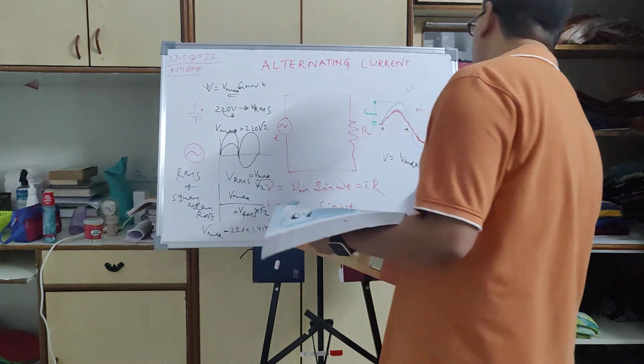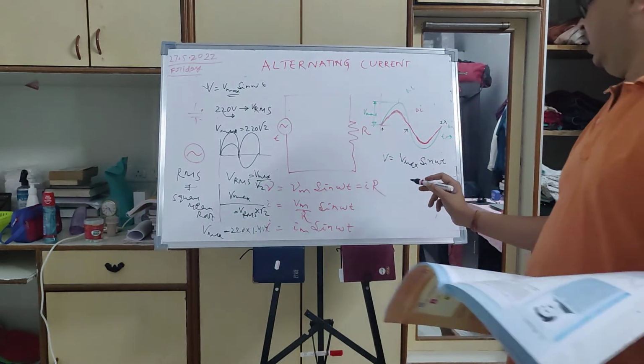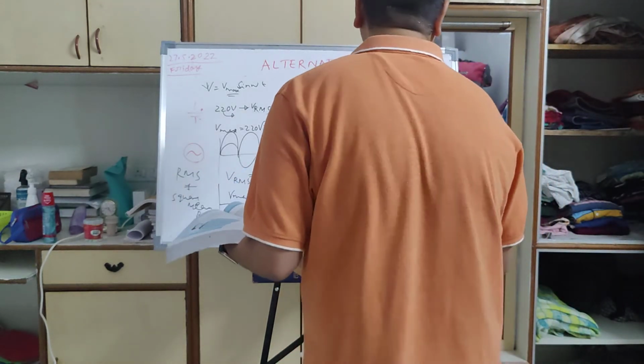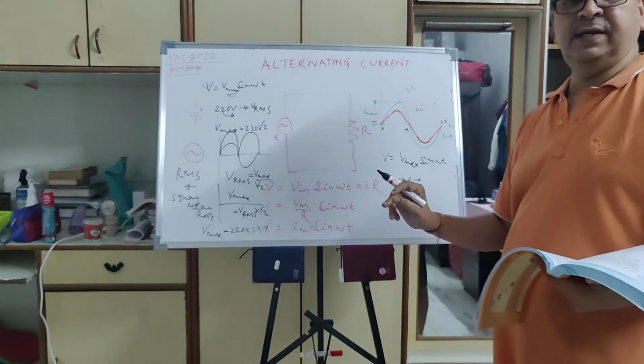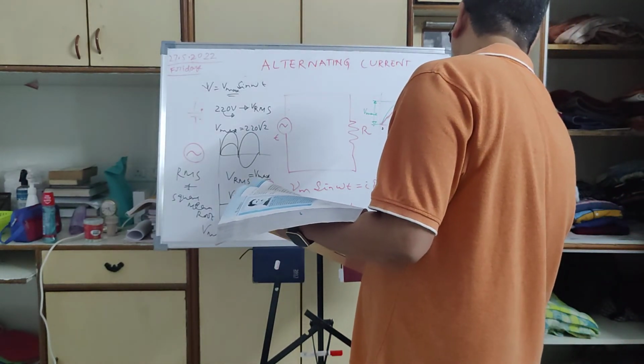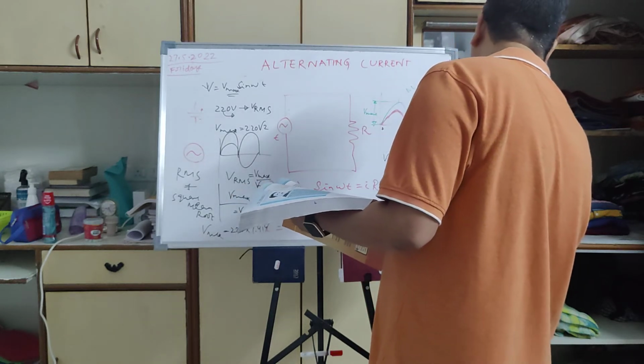When time is equal to 0, the phase angle is 0, so my voltage will be equal to 0.